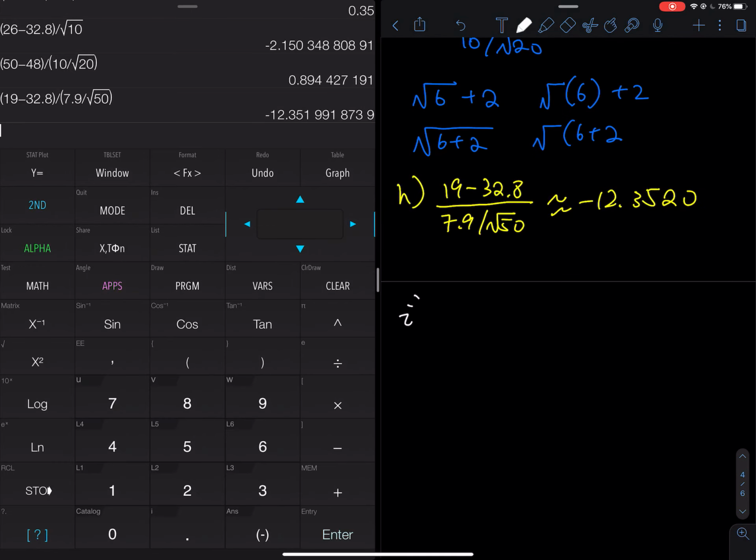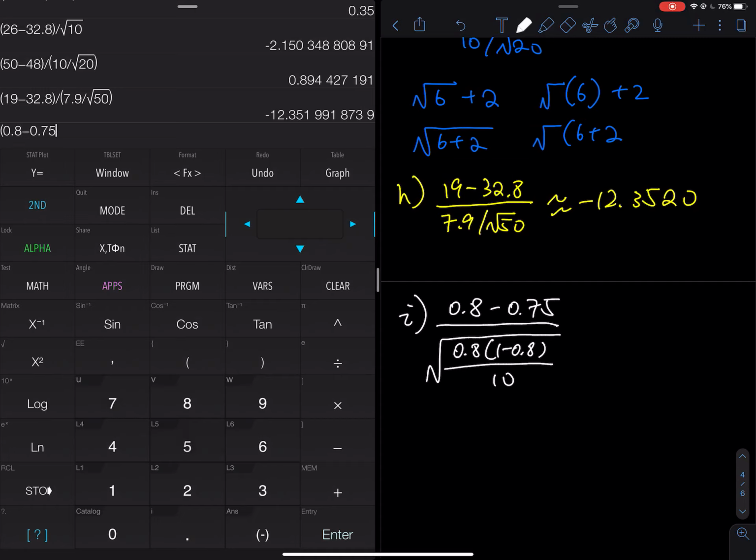We have I, 0.8 minus 0.75 divided by the square root of 0.8 times 1 minus 0.8 divided by 10. So open parenthesis, 0.8 minus 0.75, close parenthesis, divided by square root 0.8 multiply 1 minus, right? The 1 minus, you have to put that in parentheses.